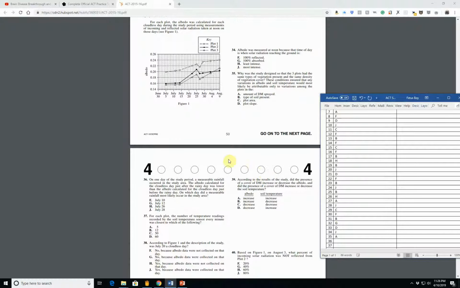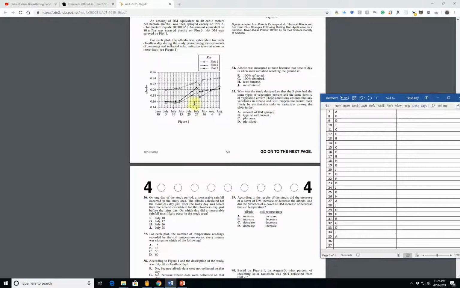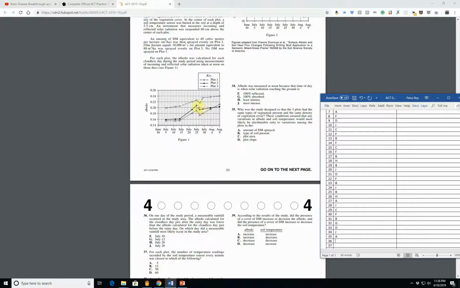And 36, on one day of the study period, a measurable rainfall had occurred in the study area. The albedo calculated for the cloudless day just after the rainy day was lower than the albedo calculated for the... Alright, on which day did a measurable rainfall occur? Okay, the albedo looks like that would have to be July 27th.